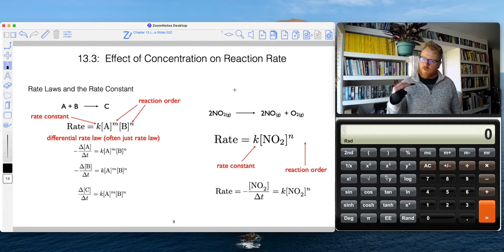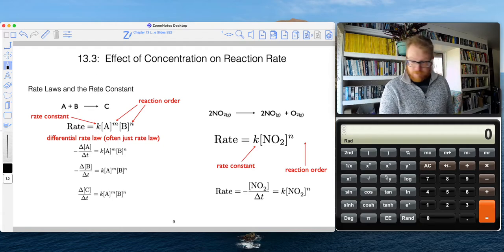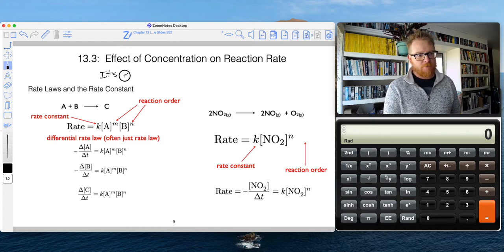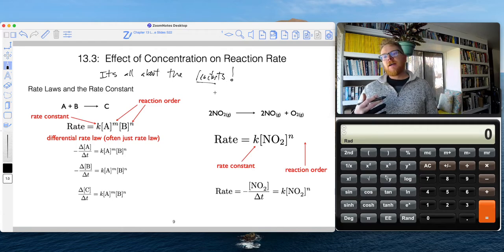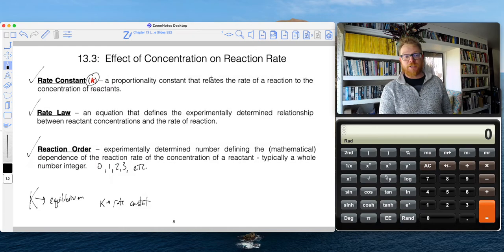In kinetics, for one, it's all about the reactants. The reason for that is, as you might have noticed, there were several things that said experimentally determined, right? Experimentally determined relationship, experimentally determined number.